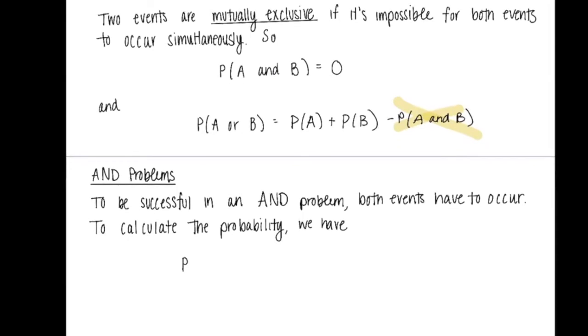If I want the probability of event A and then event B occurring, I take the probability event A occurs and I multiply it by the probability event B occurs. I could make a tree diagram if I want to go through everything, but that's going to be a lot more work than is actually necessary because I can just take these events on their own.